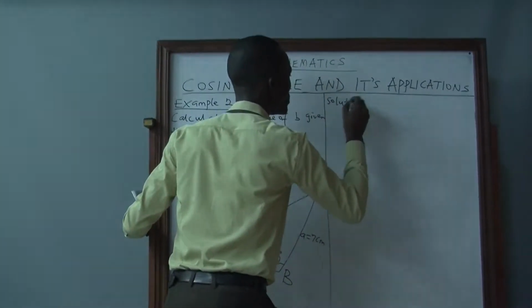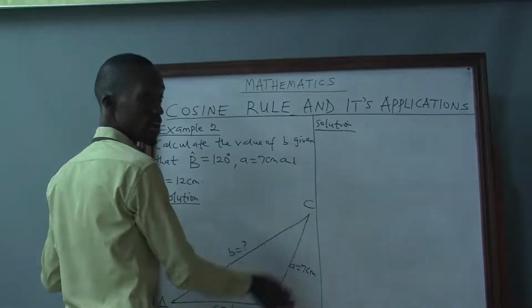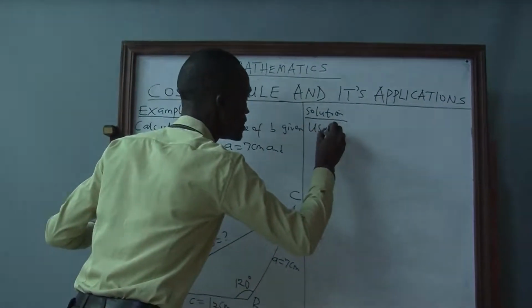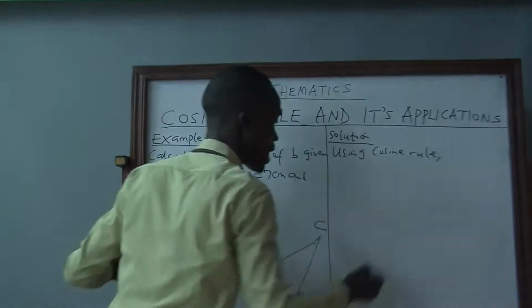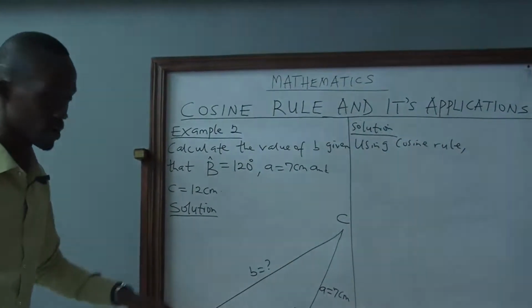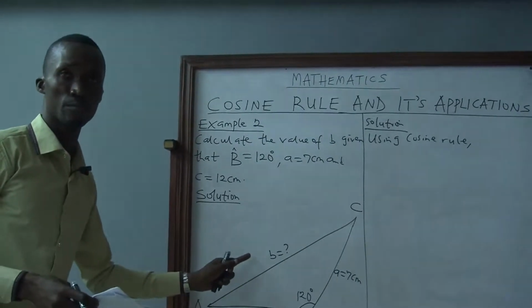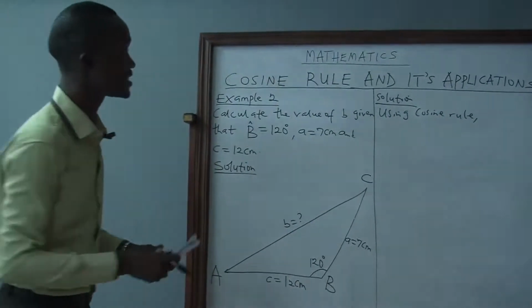So the first thing we do is we state the rule that we are using, cosine rule. And that cosine rule that we use this time around will be in terms of b, since we are to calculate b.